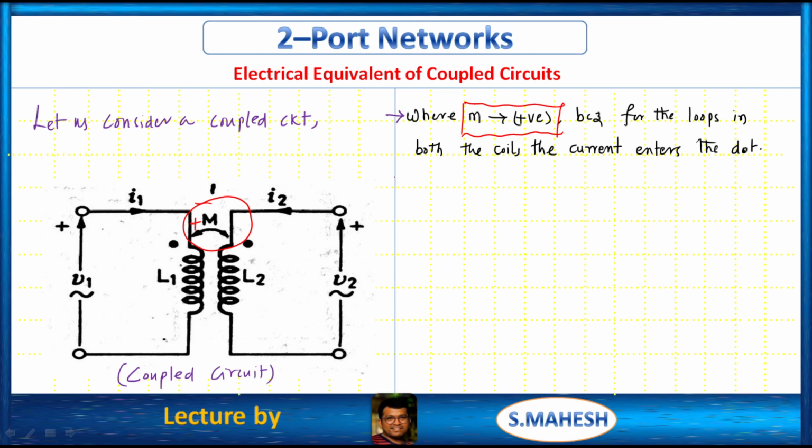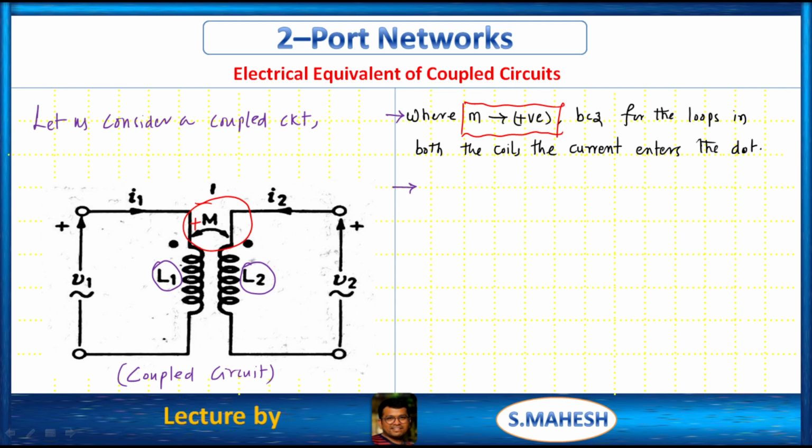This is the first observation. Next observation: this is the self inductance of coil 1, and this is the self inductance of coil 2, L1, L2, right? This M is the mutual inductance between these two coils.